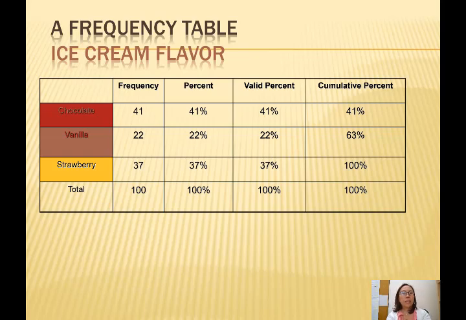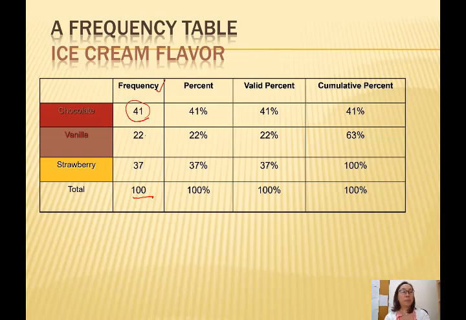And here in the second column, we have frequency, which counts how many people selected chocolate as their favorite ice cream flavor, or vanilla, or strawberry. You see here that 100 people answered this question. And as you can see, of the 3 flavors, chocolate is the most popular because the frequency is the highest.